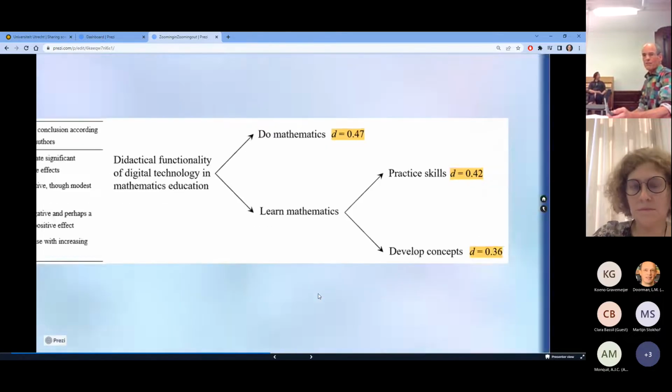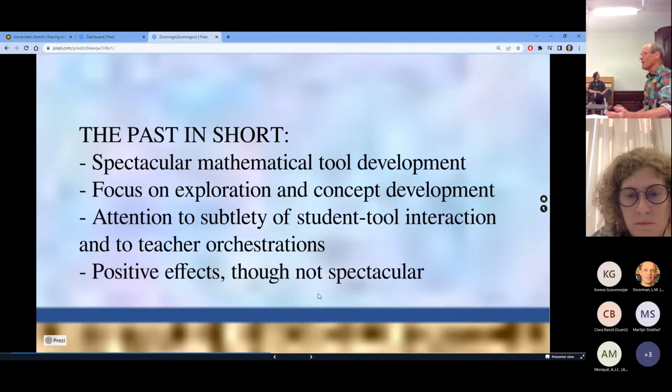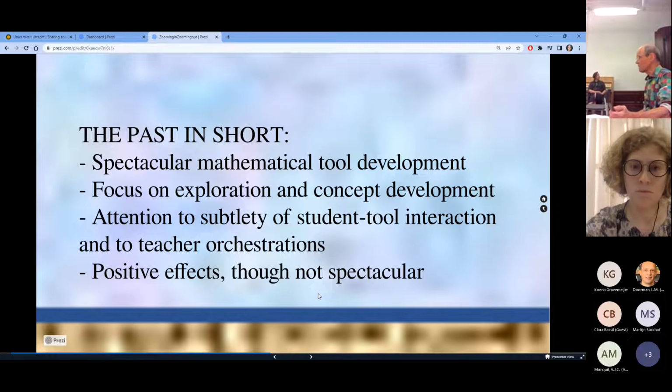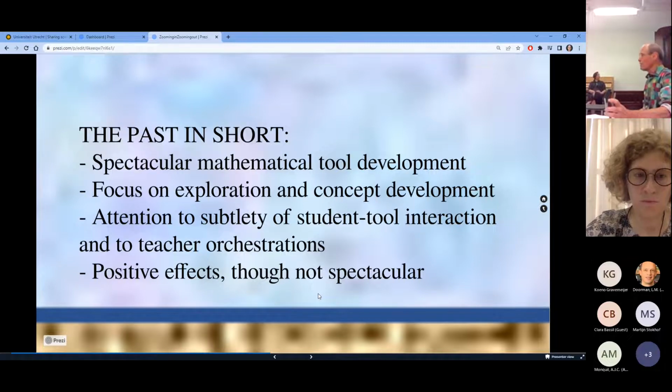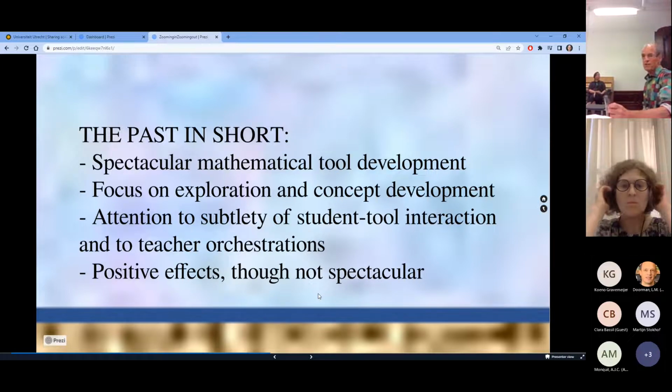Okay, to summarize, over the last 30 years, the development of technological tools is spectacular. Things that we now take for granted were really revolutionary a while ago. And there was a lot of optimism on the potential to pay attention to exploration and concept development.